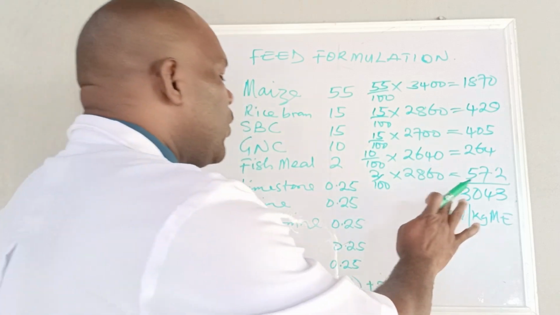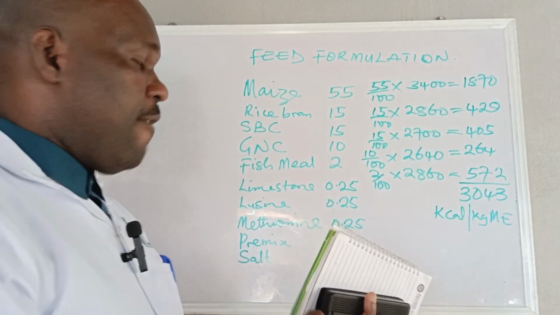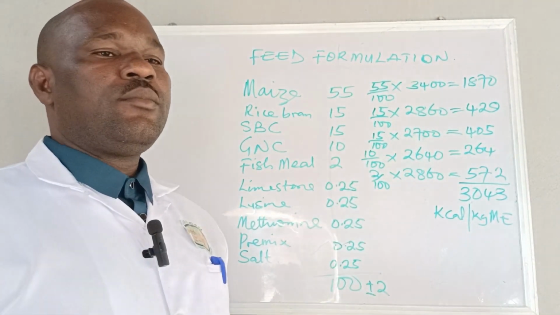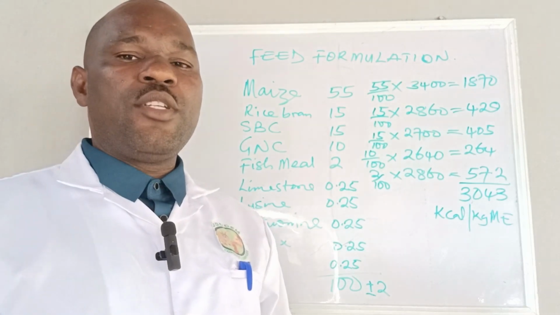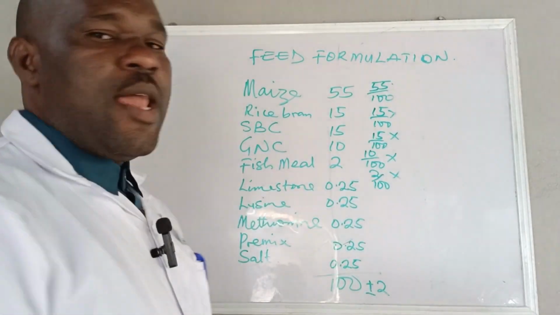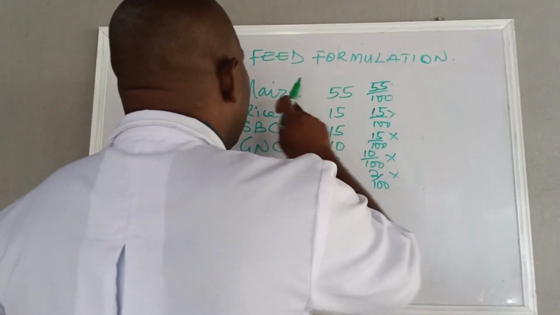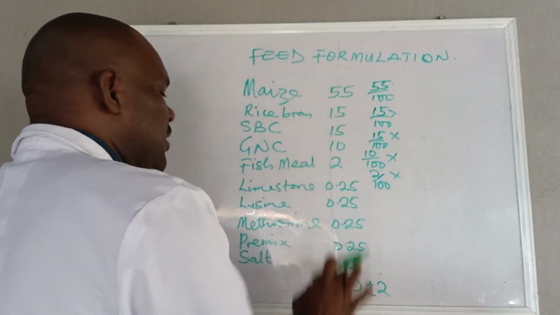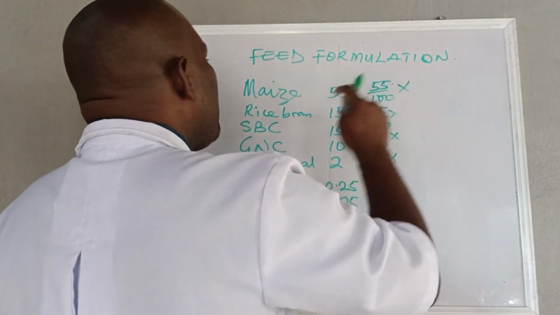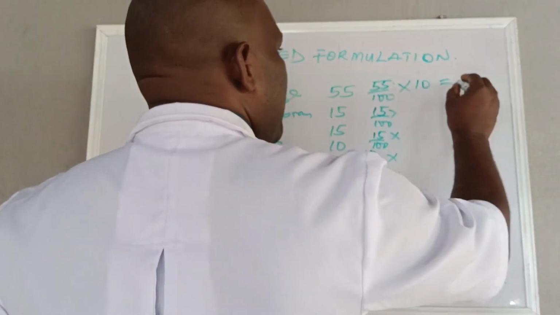That is the total calculated energy value, 3,043 kilocalorie per kg metabolizable energy. Now, how do you calculate the protein value? A similar procedure. You say 55 over 100, where 55 is the percentage of maize in the dietary chart, times the protein value of maize, which is 10, and that gives you 5.5.